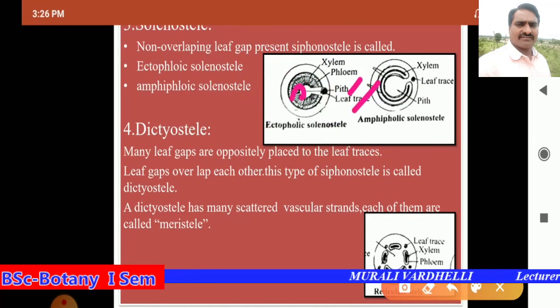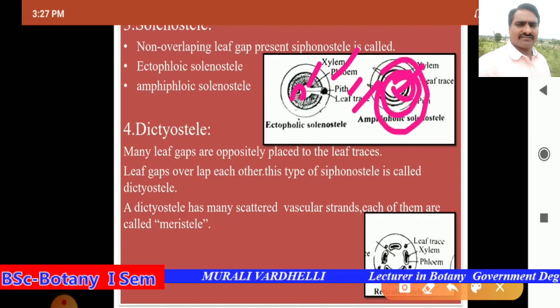Pith is surrounded by xylem and xylem is surrounded by phloem, right? Next, in amphiphloic, the middle of the vascular cylinder is pith surrounded by xylem and surrounded by phloem on both sides. This type of solenostele is called amphiphloic solenostele.